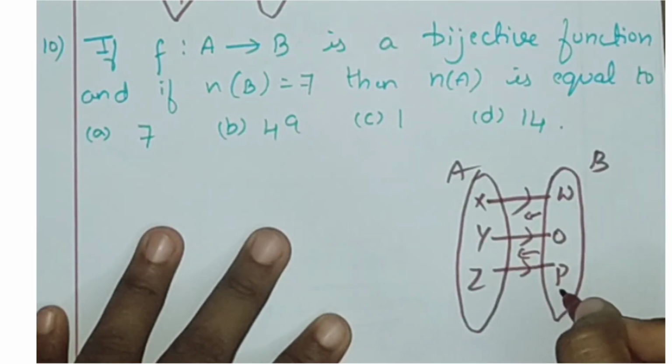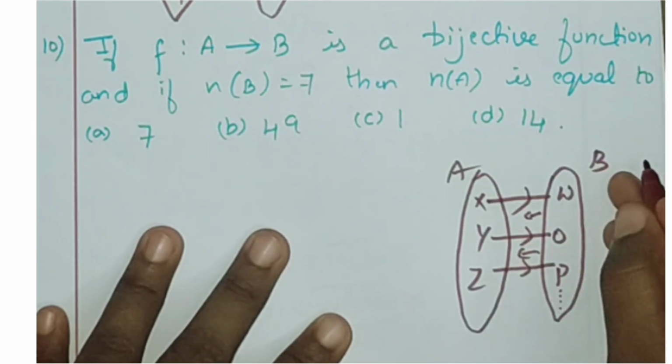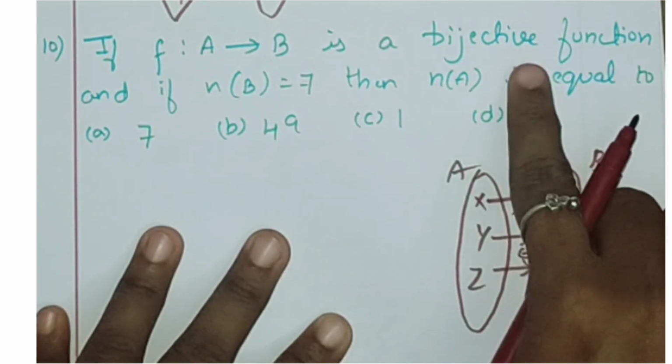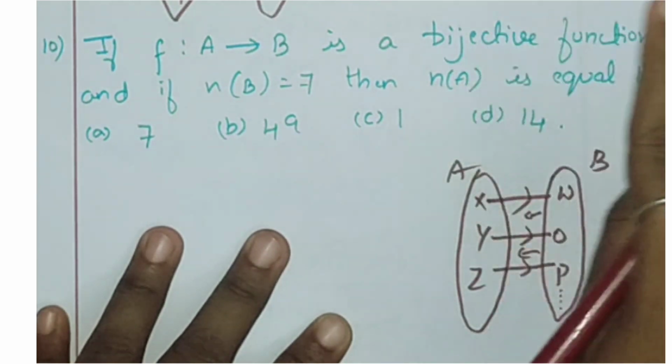There should not be any extra elements in B. If there is, it will be an into function, which is not bijective.